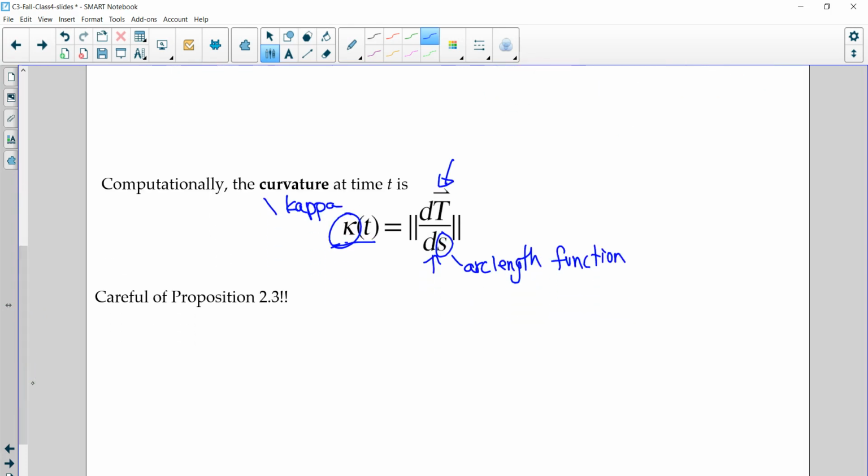In the next video, we'll talk about how to compute this nicely, because computing in this form isn't so easy. I do want to draw your attention to proposition 2.3 in the textbook. That proposition gives two parts. It says the derivative of vector T with respect to time is perpendicular to the tangent vector, which makes sense.